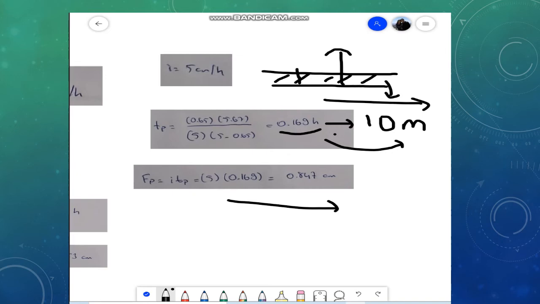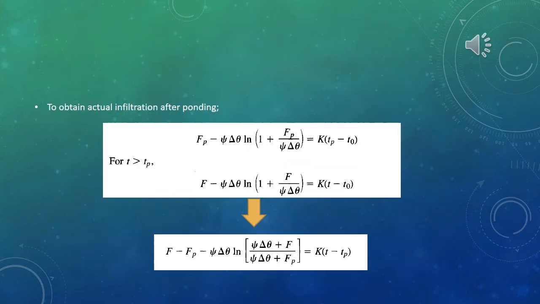If the ponding stops, like after the ponding time, if we have a rain intensity, what will happen, how much water are we gonna infiltrate into the soil? We found how much water infiltrates until the ponding occurs.